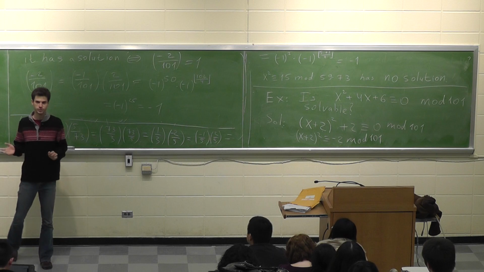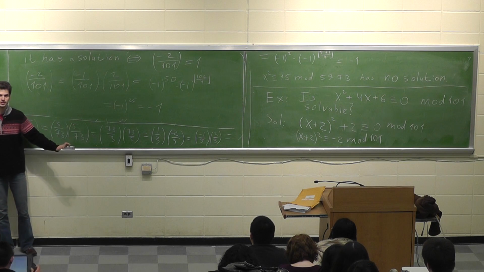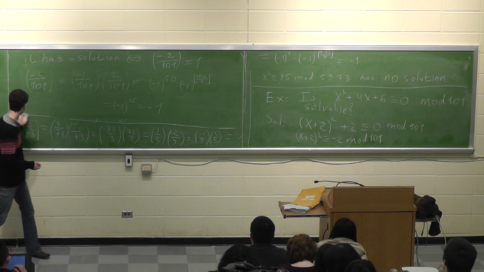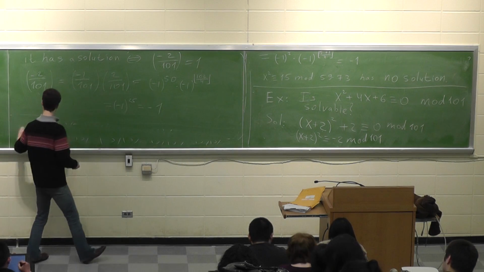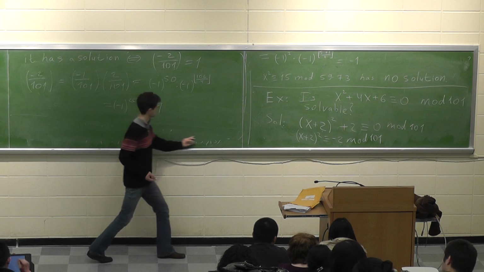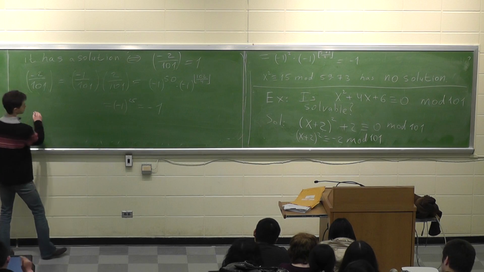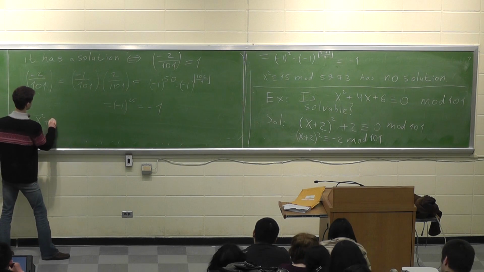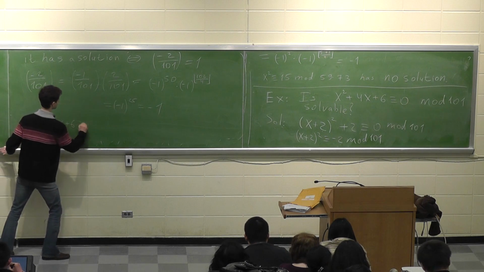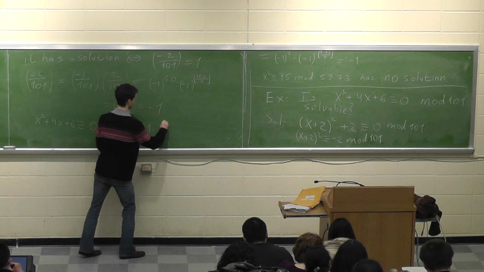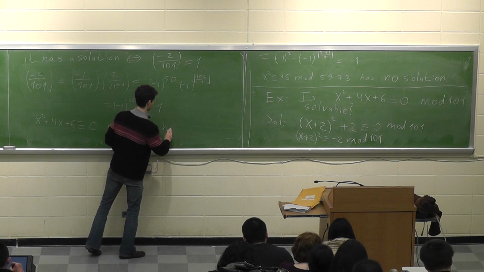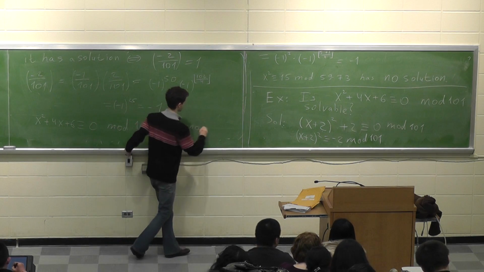Modulo other primes, it could be solvable. Modulo 101, it's not solvable. So once again, the conclusion is x squared plus 4x plus 6 is equal to 0 modulo 101 has no solutions.